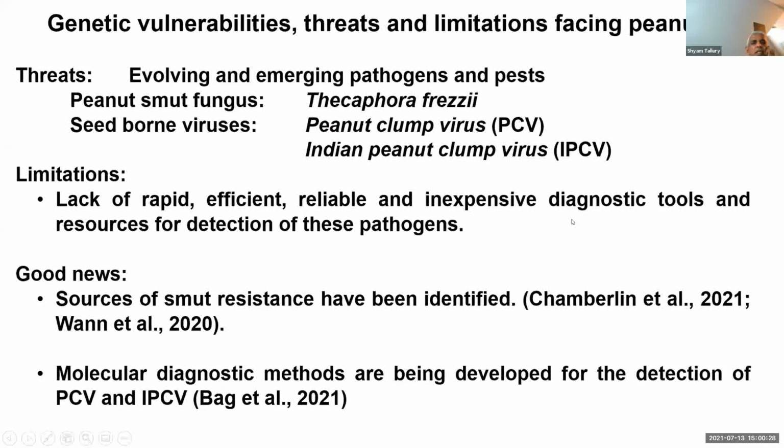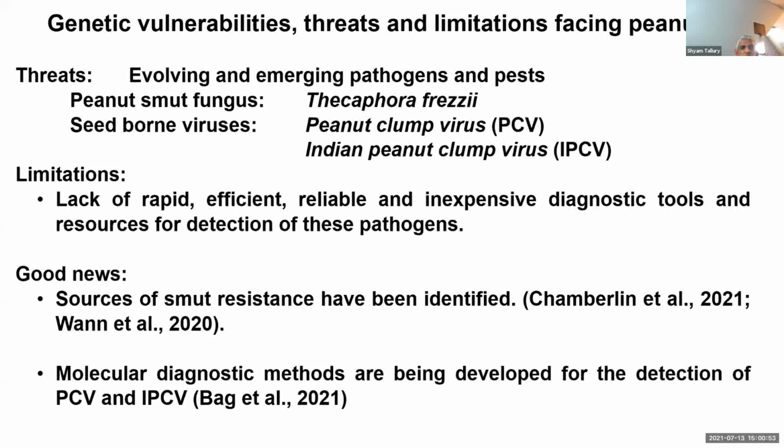So now moving on to the genetic vulnerabilities, threats, and limitations facing peanut. Again, as we heard this morning in the virus symposium and in Dr. Bertioli's talk this afternoon, the most commonly viewed threat is an evolving disease, an emerging pathogen or a pest.